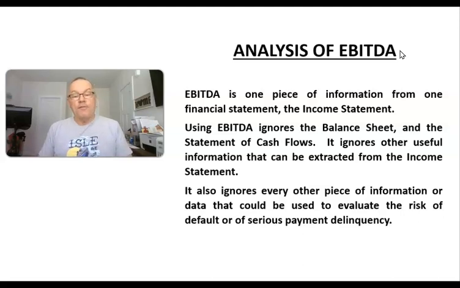Using EBITDA as the basis for setting credit limits ignores any information on the balance sheet, all the information on the statement of cash flows, and it also ignores other useful information that credit pros would typically consider, including, I would add, other information from the income statement. It ignores every piece of information or data that could be used to evaluate the risk of default or serious payment delinquency, with the exception of EBITDA.